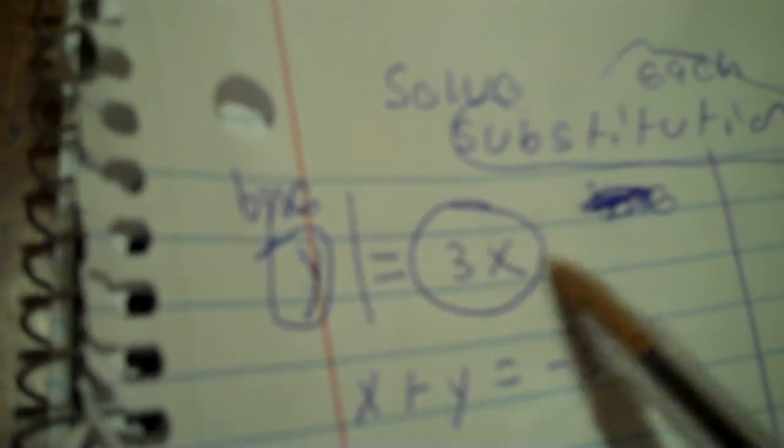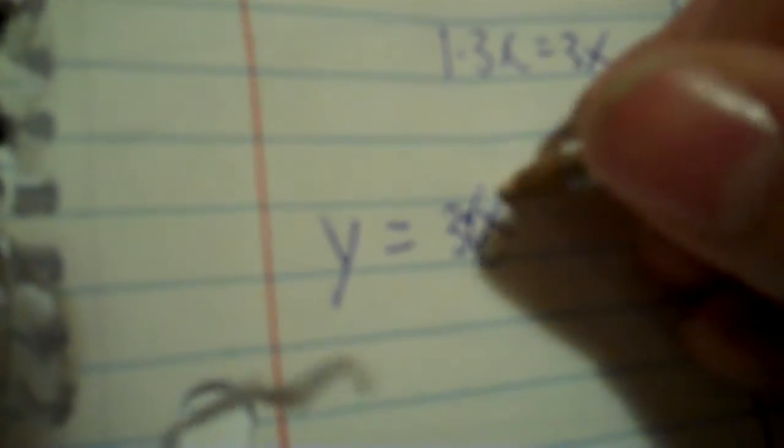Now, how are we going to get y? Well, here's what we're going to do. Since we have to find y, let's use the equation where the y is by itself right there. And let's put this negative 8 in for x. So I put a times dot, x is gone, negative 8.